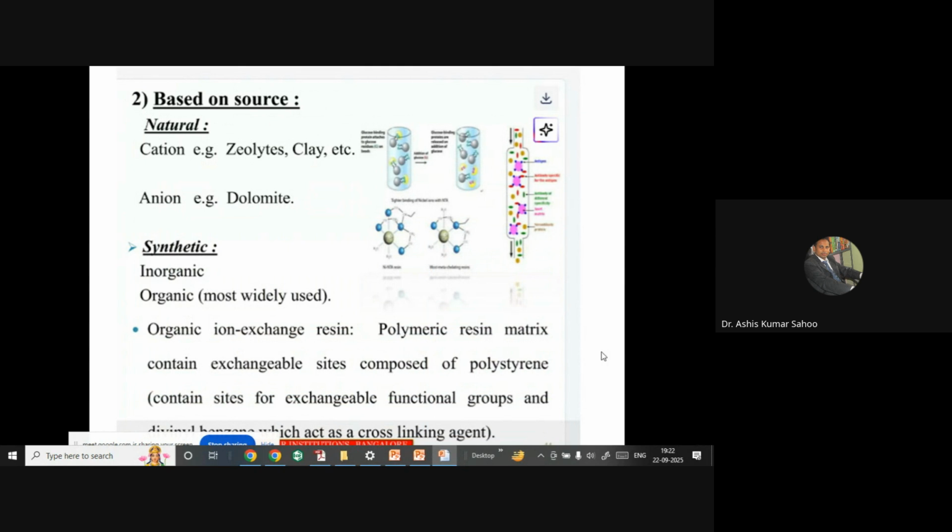Composites of polystyrene. So these are the different resins used in ion exchange chromatography.